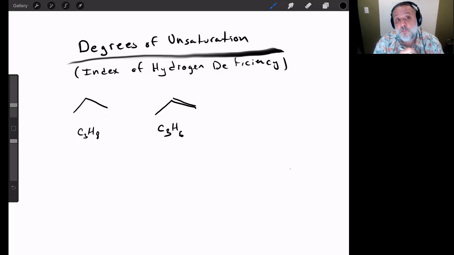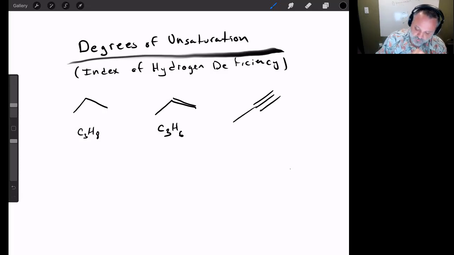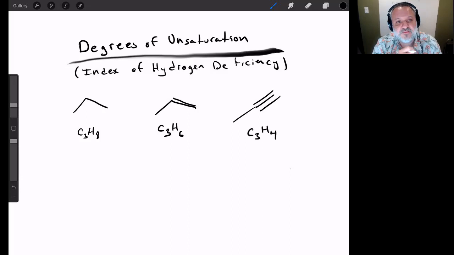So the propene is unsaturated in the sense that there are two carbons, one could have 2 hydrogens, the other could have 3, and it's just 1 and 2 in this case. So with every double bond, it seems like I'm losing 2 hydrogens. What if I made a triple bond? I've still got 3 carbons, but now I only have 4 hydrogens. So going from the double bond to a triple bond, I've lost 2 more hydrogens from the theoretical maximum.